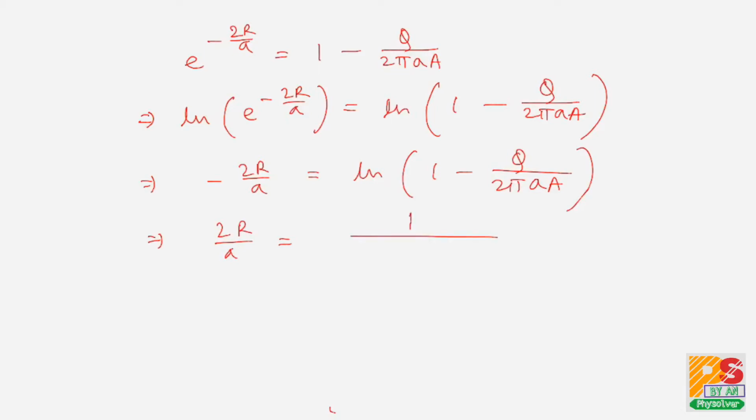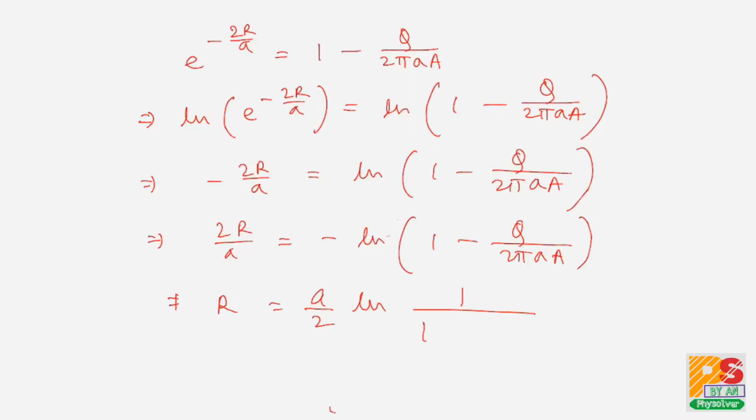Now I can replace the negative of log as minus ln of 1 minus Q by 2 pi a A, that is R equals a by 2 log of 1 by 1 minus Q by 2 pi a A. I hope you understand. Therefore the answer is option 2, a by 2 log of 1 divided by 1 minus Q by 2 pi a A. So the correct option is option 2.